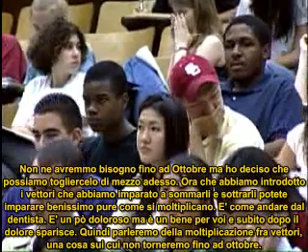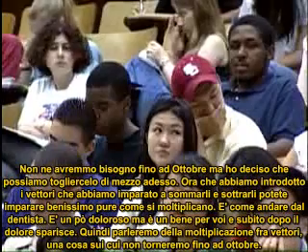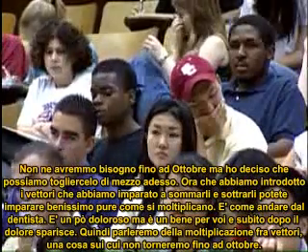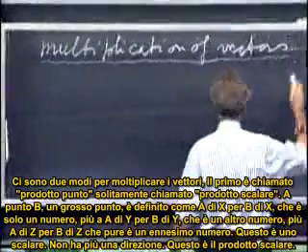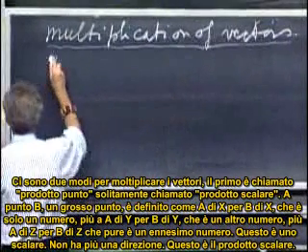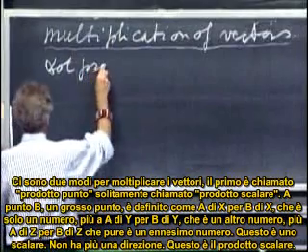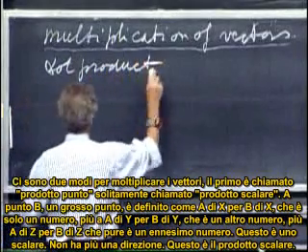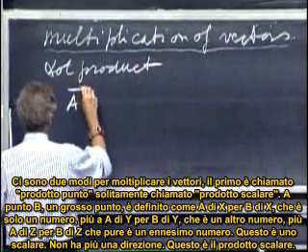So I'm going to talk about multiplication of vectors, something that will not come back until October and later in the course. There are two ways that we multiply vectors, and one is called the dot product, often also called the scalar product.